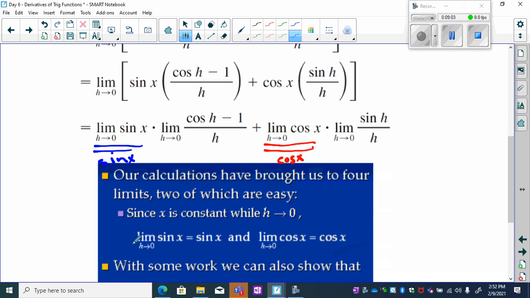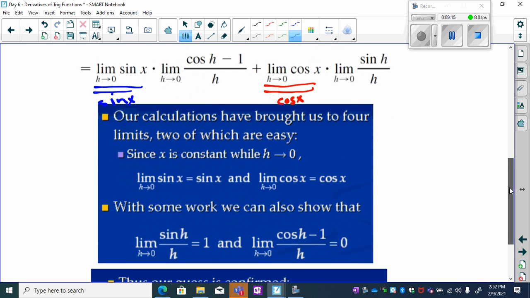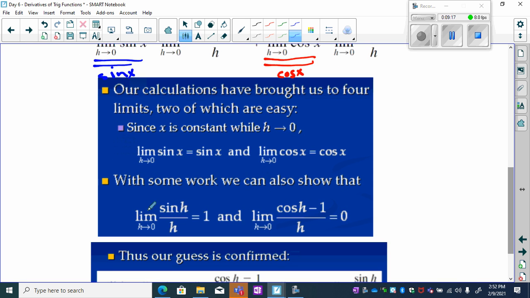Now, that's what we just said here. The limit as h approaches 0 of sine x is sine x, and the limit as h approaches 0 of cos x is cos x. With some work, we can show that this is equal to 1 and this is equal to 0. I'm not going to get into that a whole lot. If we made a little table of values, we could check that out.